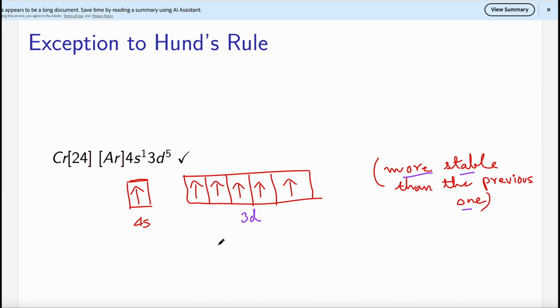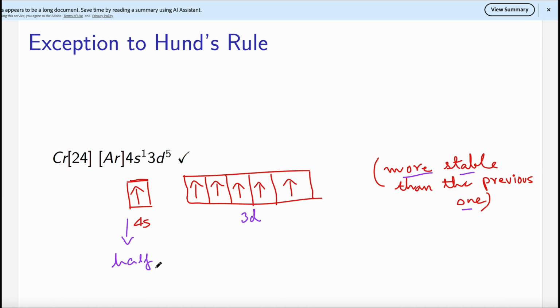What we have learned here is that the 4s subshell is half filled. There should be 2 electrons, but this orbital has only 1 electron, so this is half filled.